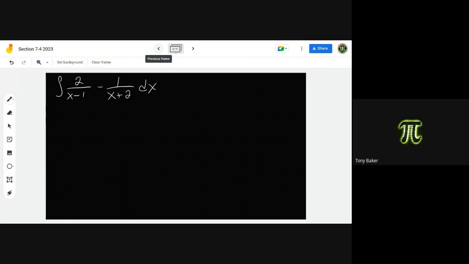All right, so we got 2 over x minus 1 minus 1 over x plus 2. So how would I do this integral? Yeah, so remember, integration, as long as it's addition and subtraction, I can split it up. So I can do the integral of 2 over x minus 1 minus the integral of 1 over x plus 2.